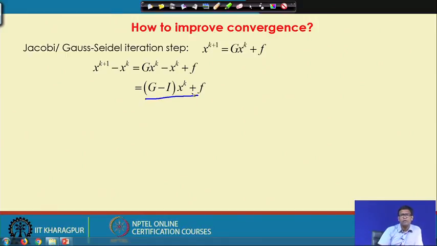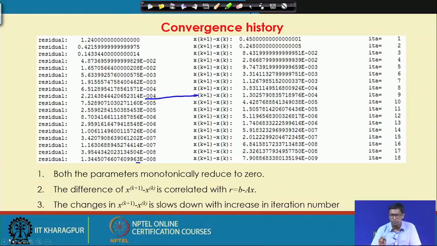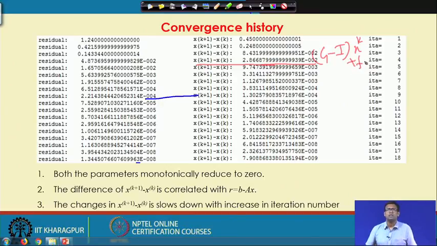Now, if I go to my previous slide, what I was looking at here is G minus I x k plus f. Why is it taking so much time for convergence? Because this value is reducing with each iteration.